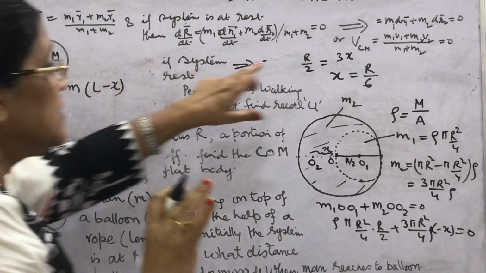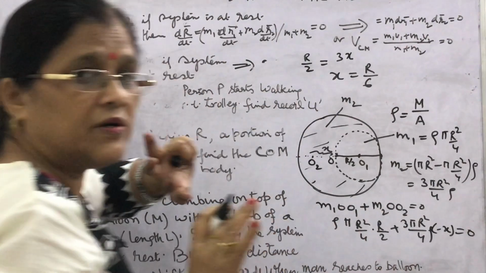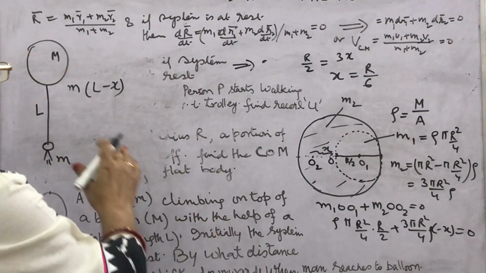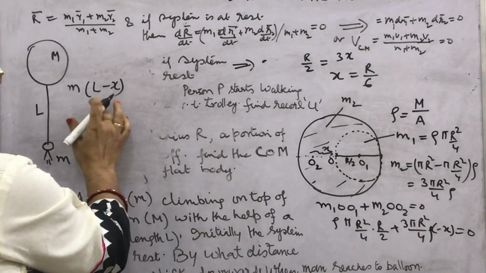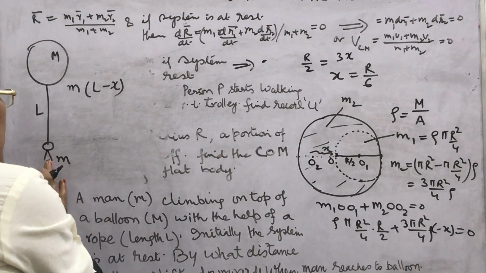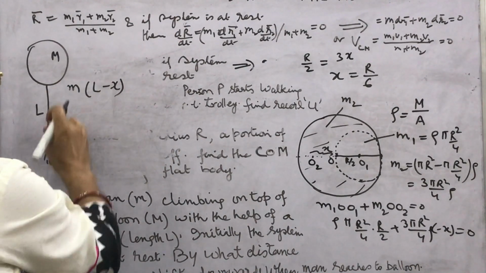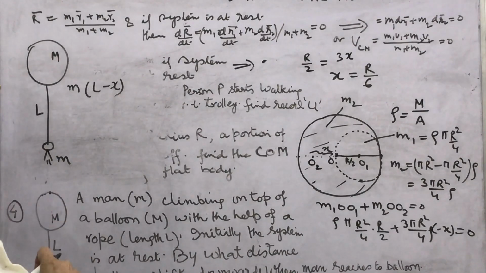You will apply this equation here. The man will climb L minus X.